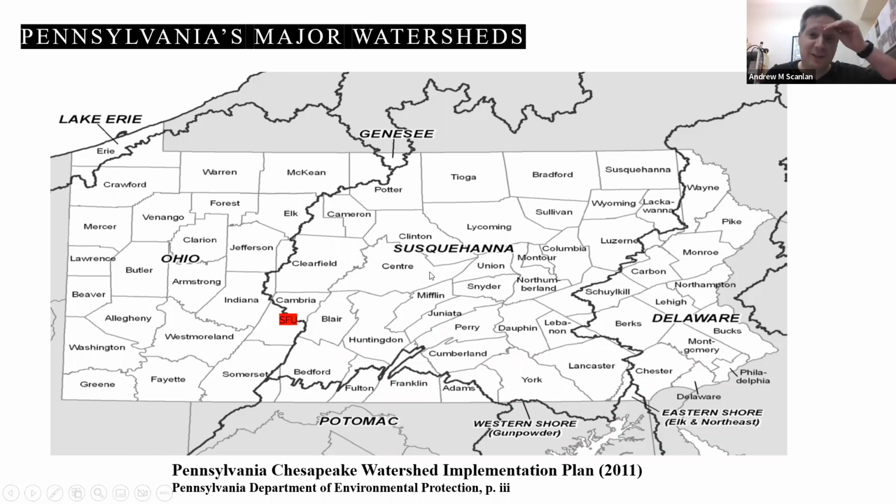St. Francis University, where I'm broadcasting live now, is found here in Cambria County. I'll talk about Cambria County's relationship to the watershed in a little bit. But the Susquehanna watershed is very large. It's the biggest one within Pennsylvania. So what we do in Pennsylvania affects the Susquehanna River, which eventually affects the Chesapeake Bay.